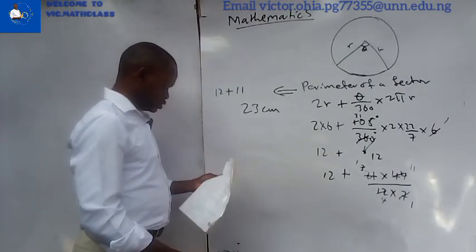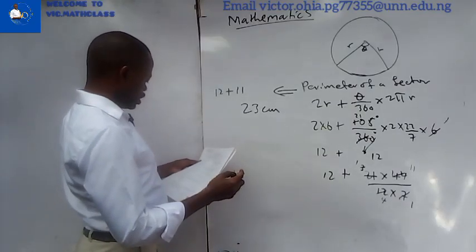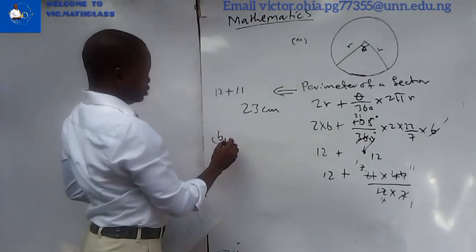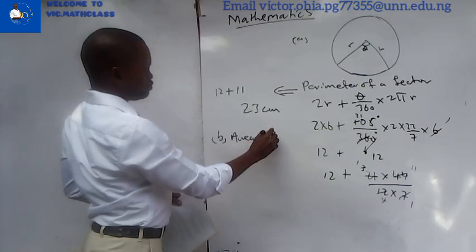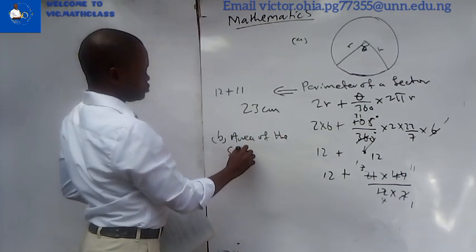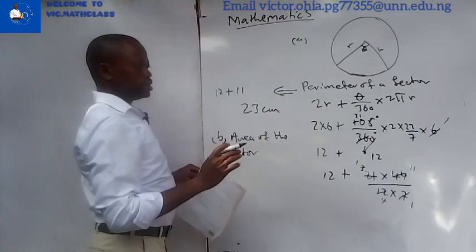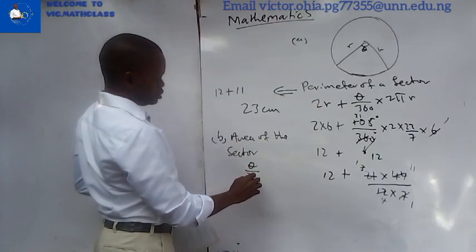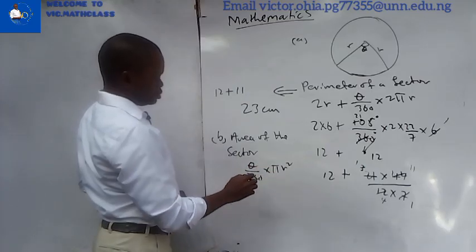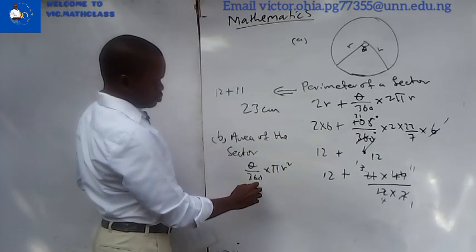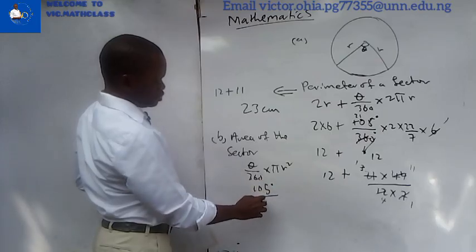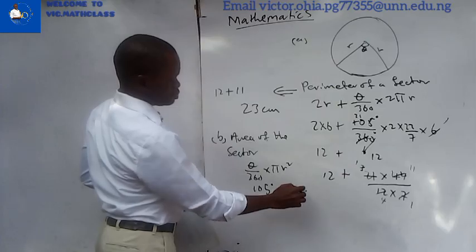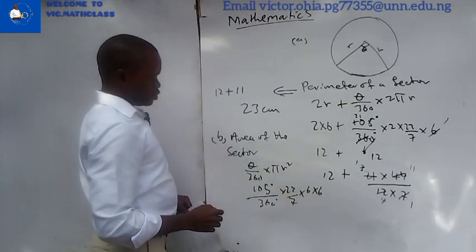So the second part of it is B, the area of the sector. The area of a sector is given by theta over 360 times pi r squared. So we have 105 degrees over 360 degrees, times 22 over 7 times 6 times 6.